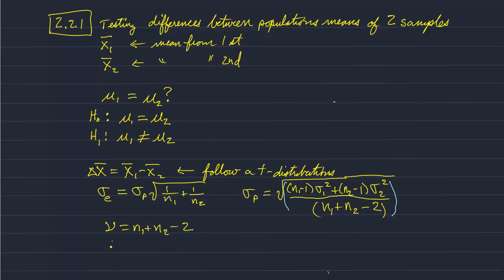Okay, and the statistic we have to calculate is t, and that's equal to x bar 1 minus x bar 2 divided by sigma e. Right. That's our t statistic that we are going to calculate and test.